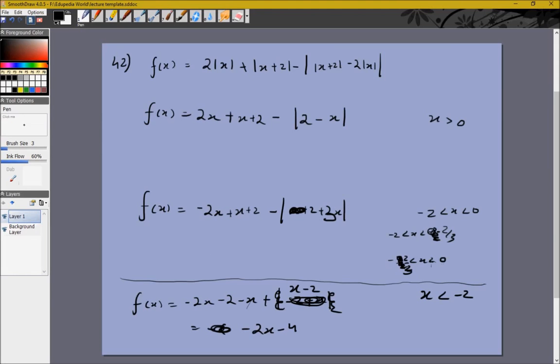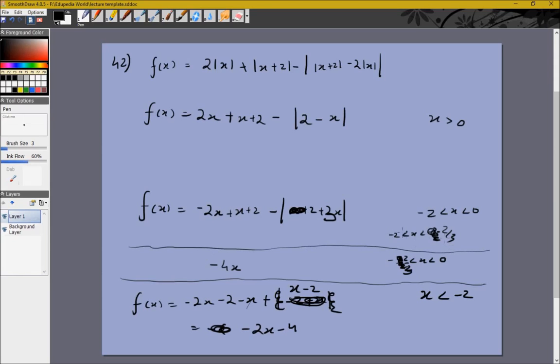In this case, let's say x is minus 1 by 3, then 3x is minus 1, and minus 1 plus 2 is 1, which is positive, so this is positive. So minus 2x will just come out as it is. So we have minus 2x plus x, that is minus x, and minus 3x, so minus 4x, and we have 2 and minus 2, which is just 0. So minus 4x in this region. This is also done.